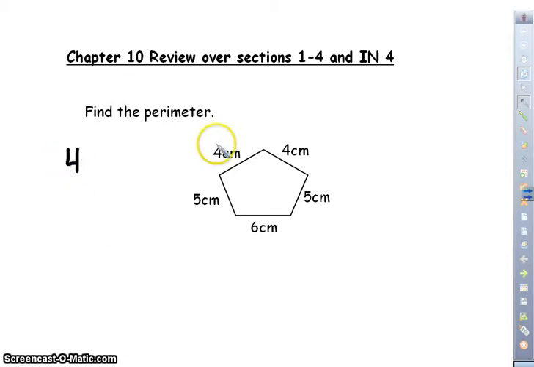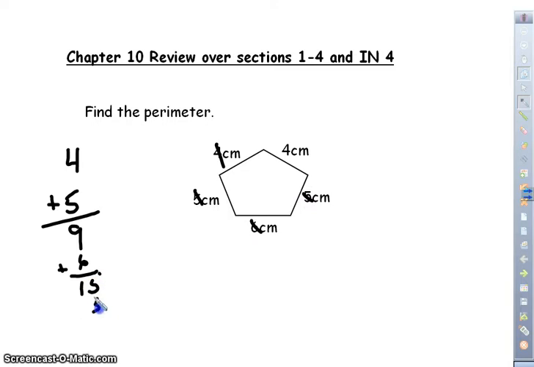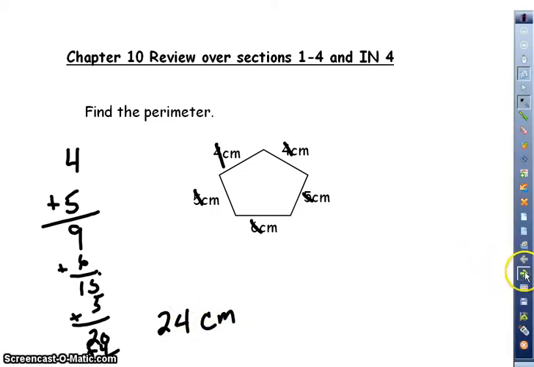So 4 plus 5 is 9, plus 6 more is 15, plus 5 more is 20, plus 4 more is 24. Now, the issue with this is the units of measurement. Since it's just a simple distance, it's just plain centimeters. So 24 centimeters is your answer.